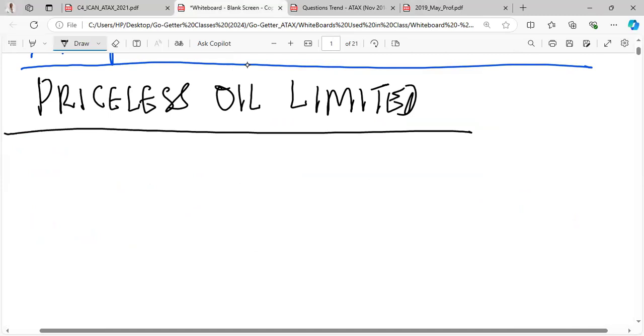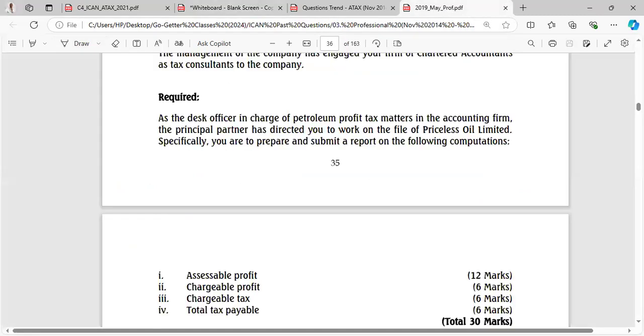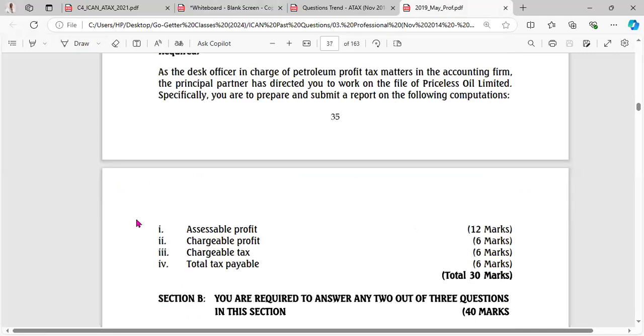You may want to do everything at once. You might say assessable profit to tax payable. You can say assessable profit, chargeable profit and tax payable.